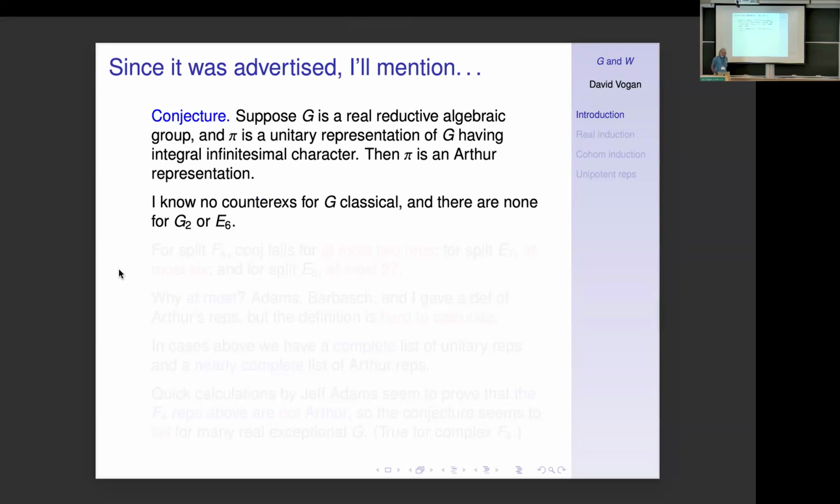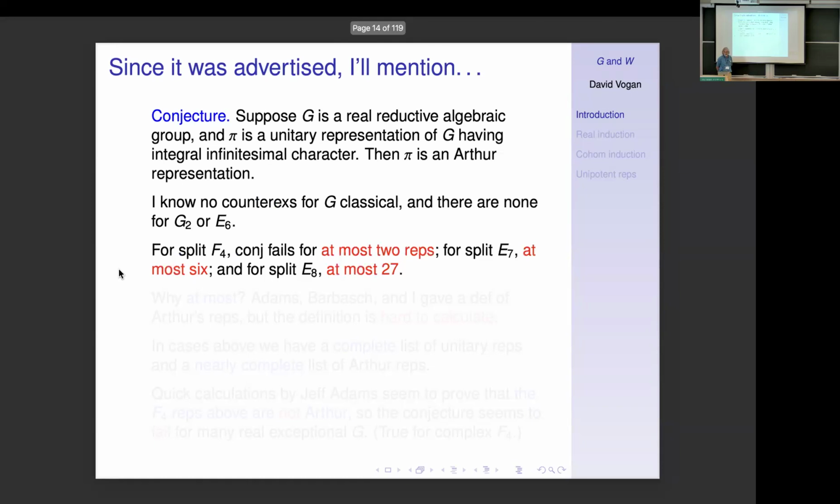I asked Atlas if this was true for the symplectic group of rank 6, and Atlas said that it was, and lots of other smaller classical groups. I think it's likely that it's true for classical groups. And I also asked Atlas about G2 and E6, and it's true.